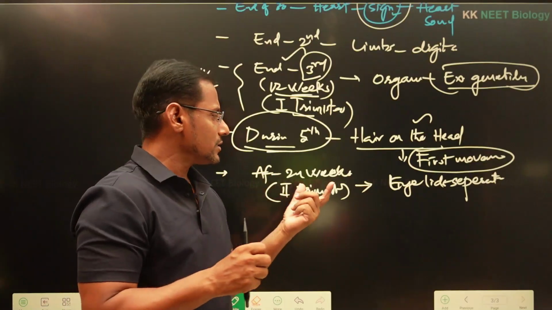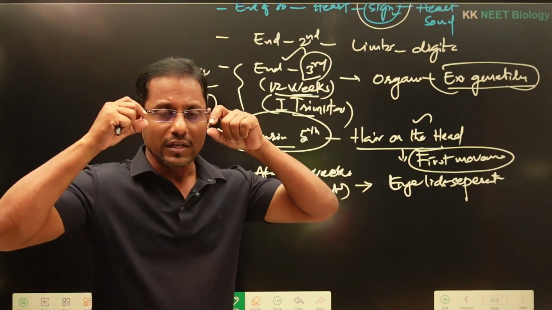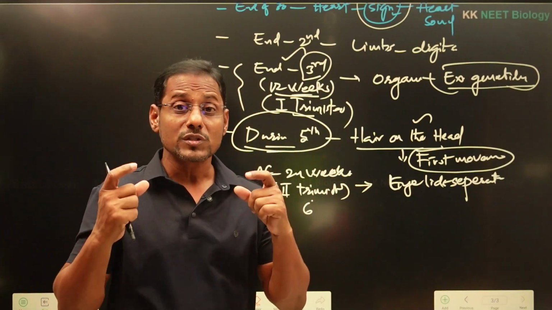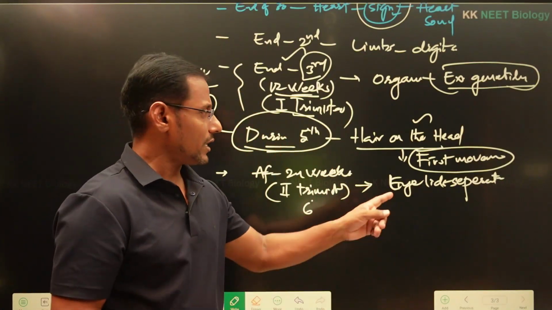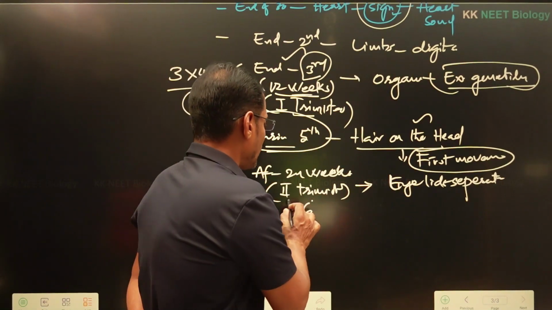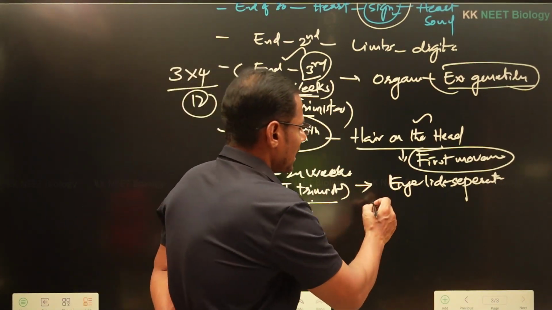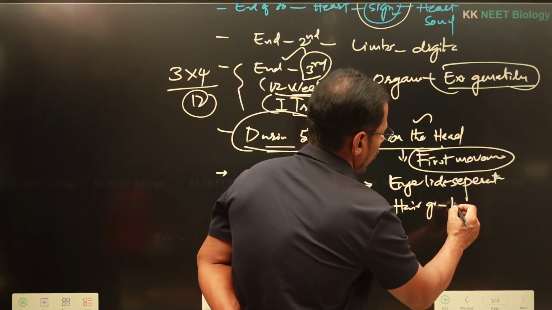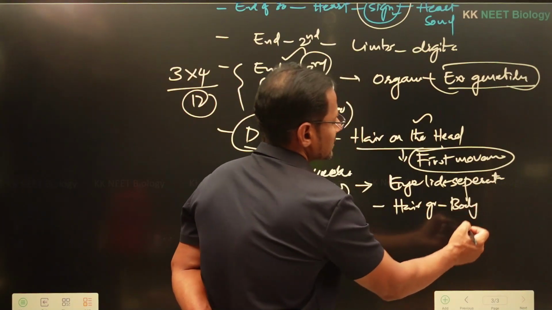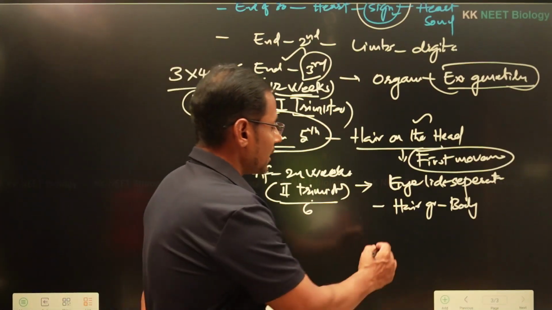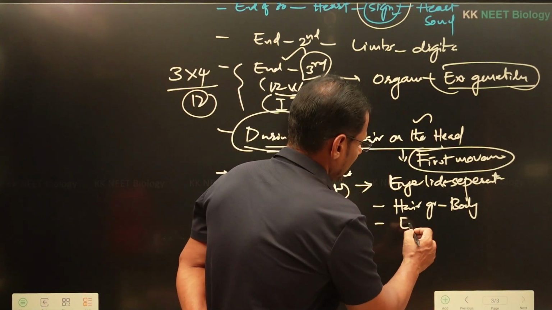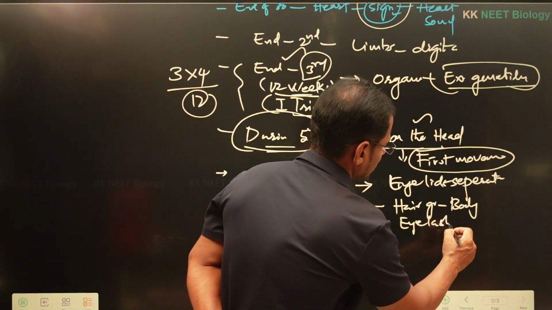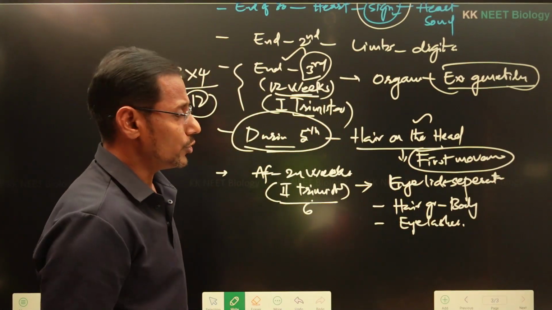After the 24 weeks, the eyelids open, and now the embryo is able to see its surroundings. We can also see hair growth on the body, and the eyelashes are going to be formed.